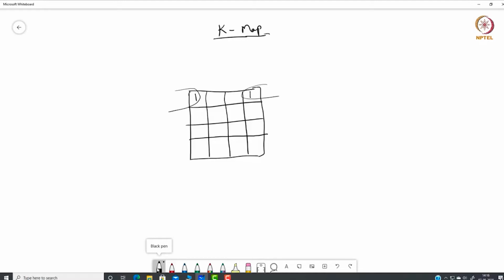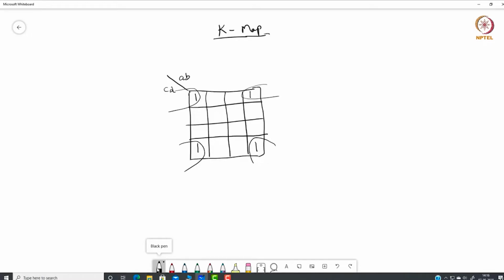Similarly, if there is a min term here and a min term here, then all of these 4 can also be combined to form one cube.